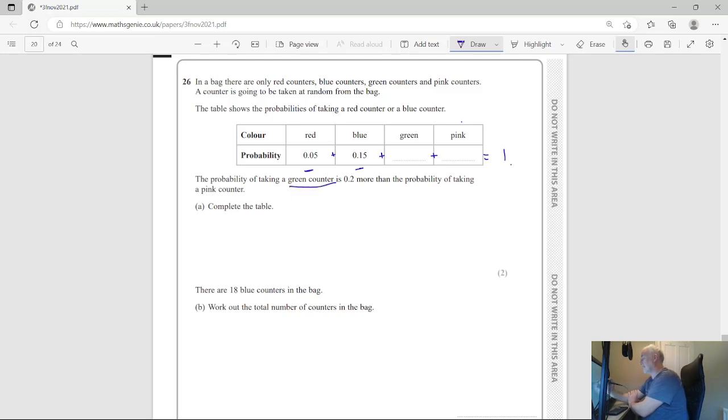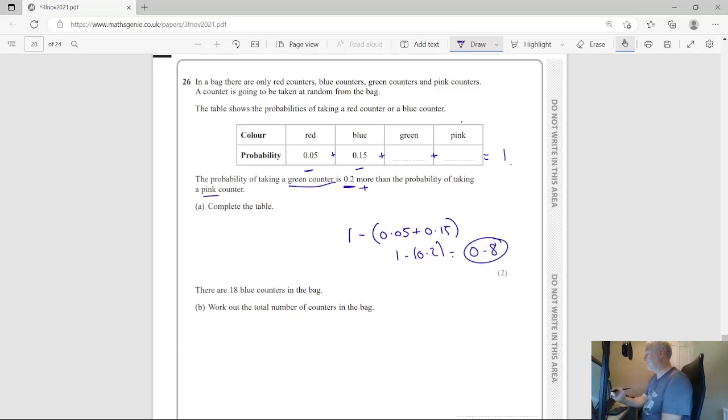So a green counter is 0.2 more than taking a pink counter. So let's see what we've got left. We've got one takeaway 0.05 plus 0.15. If we add those two together, we end up with 0.2. If we take that away, we end up with 0.8.